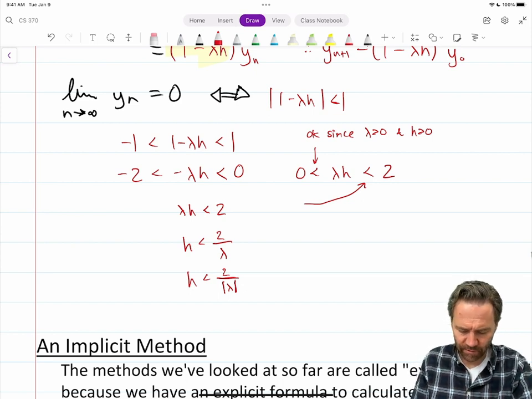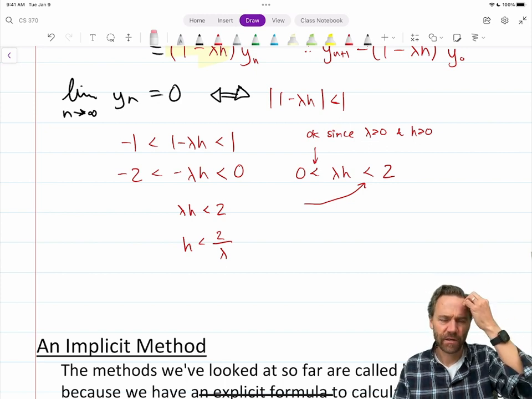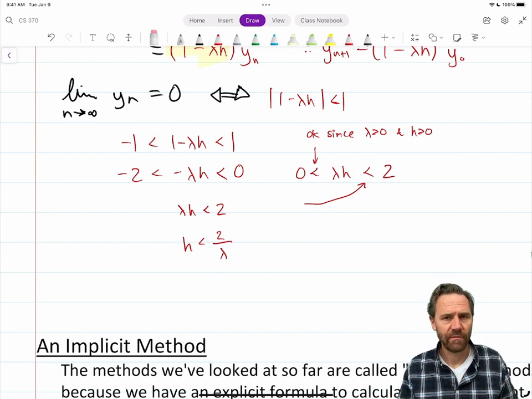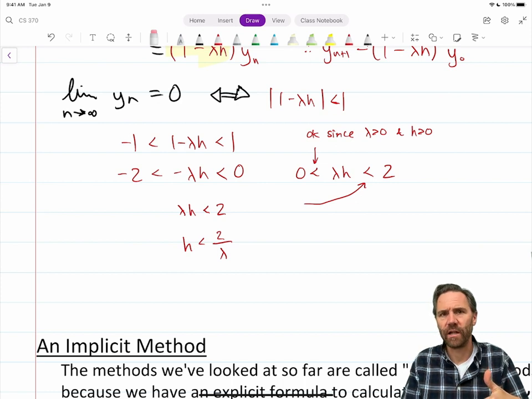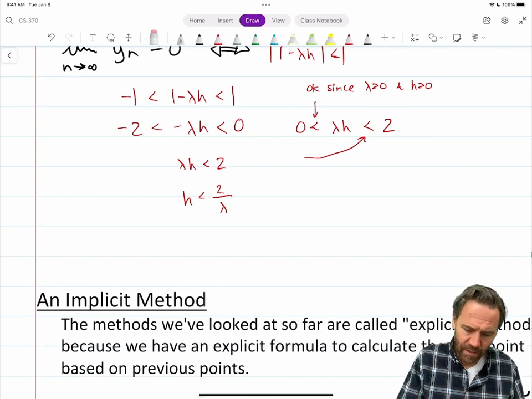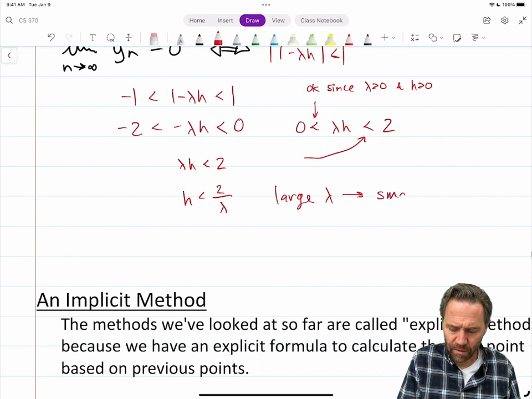Well, lambda is positive, so let's not do that. When I used to teach this course, we used to use lambda being a negative number, so that's why the absolute value sign was there. But I think it's easier to interpret this analysis when lambda is a positive number, so we don't have to take the absolute value. Okay, so the message here is that a large lambda means we have to take a small h.